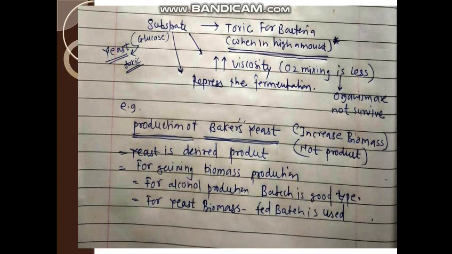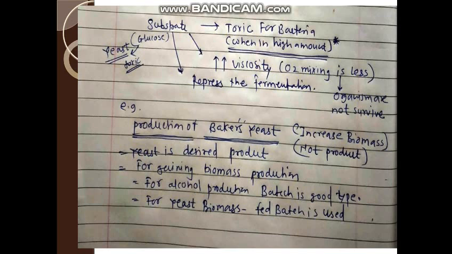Take an example of production of baker's yeast. Here our requirement, what we want, is biomass. Our byproduct is, for example, alcohol, and some other byproducts are there, but our main product is the biomass of our organism.